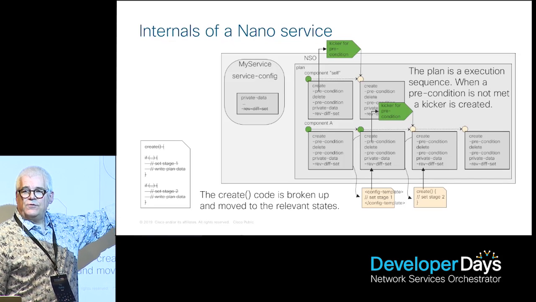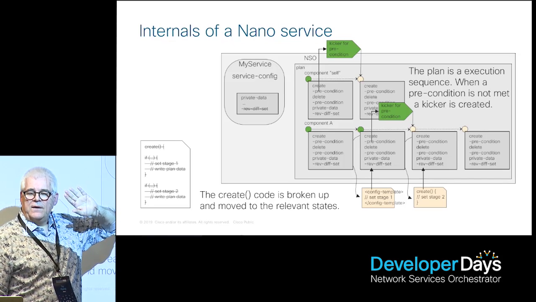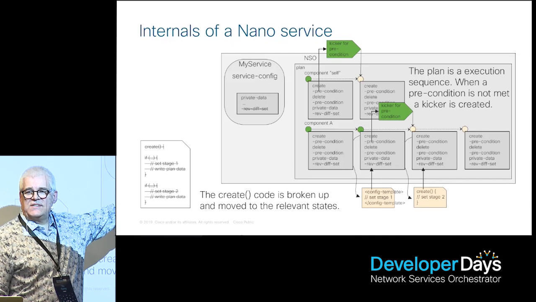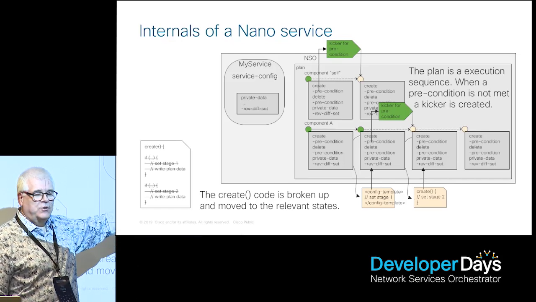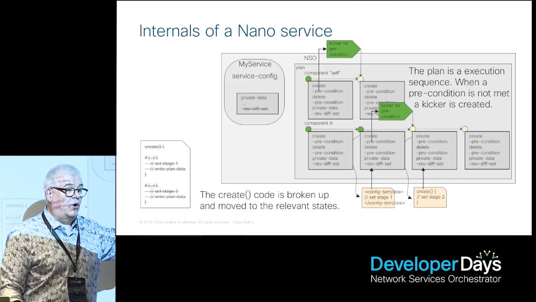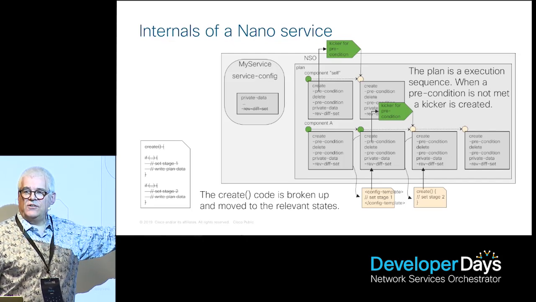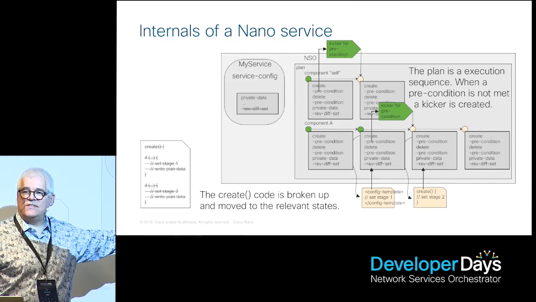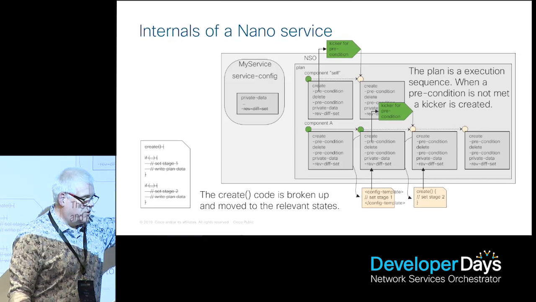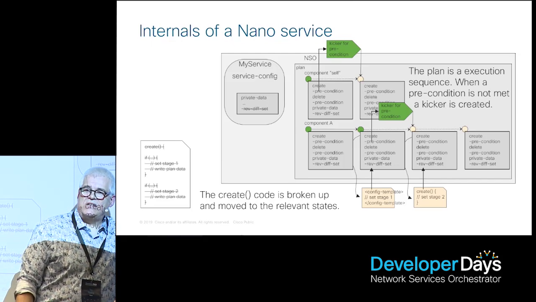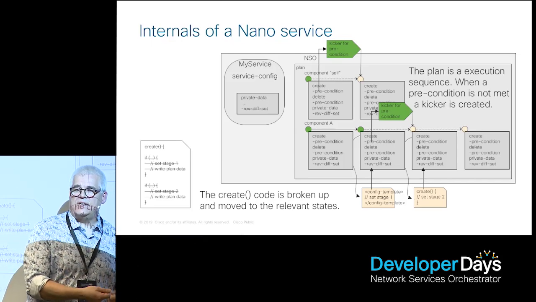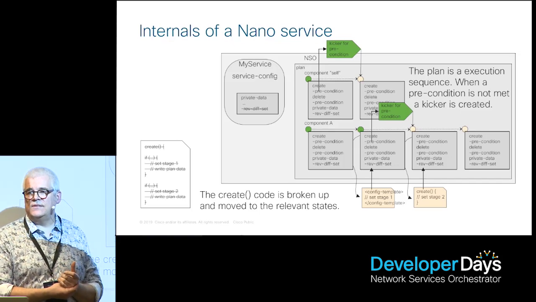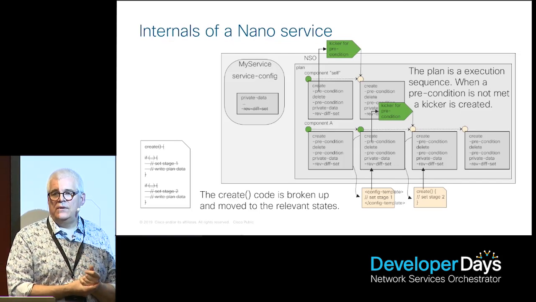From the first perspective, it looks like a service because it's a service point. So it goes through the normal service manager and then it says, oh, this is a Nano service, and then it defers that call to the Nano service manager that actually does the update, the delete or the create.